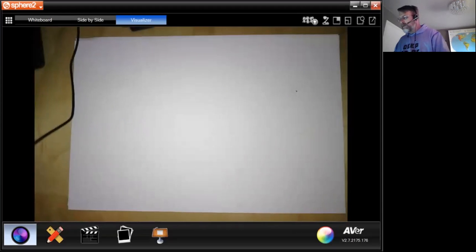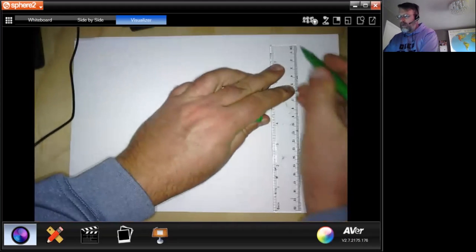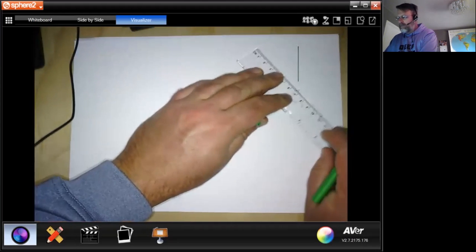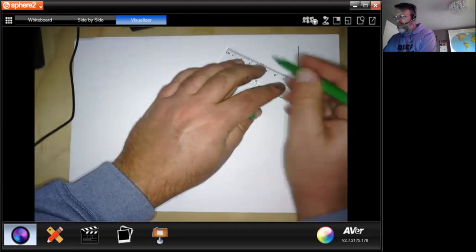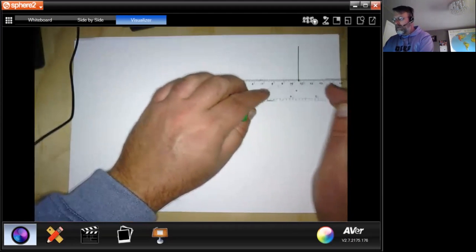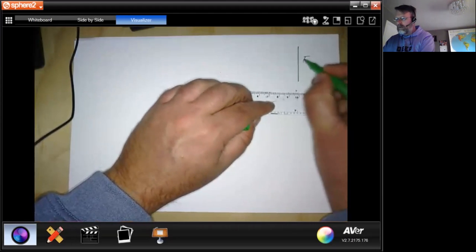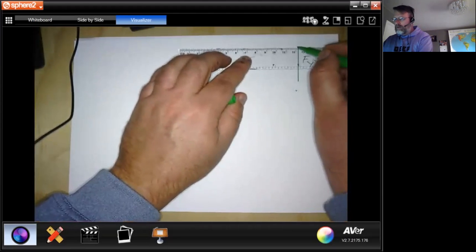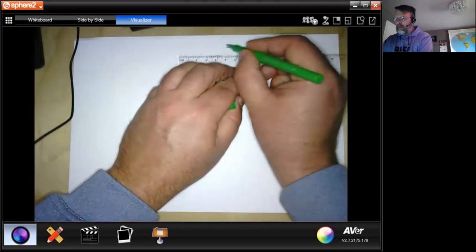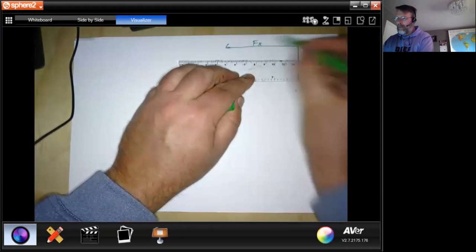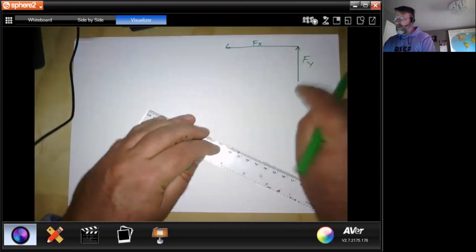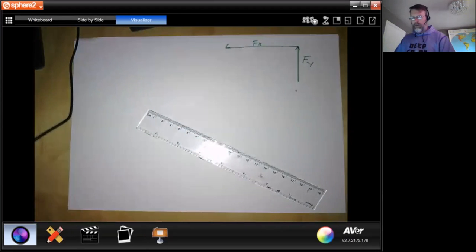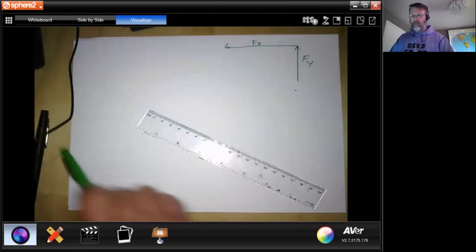All right, so we had our triangle, and it looks something like this. What I'm most interested in is there is a force here, and there is a force going this way. Those were the two directions of forces for this cable.